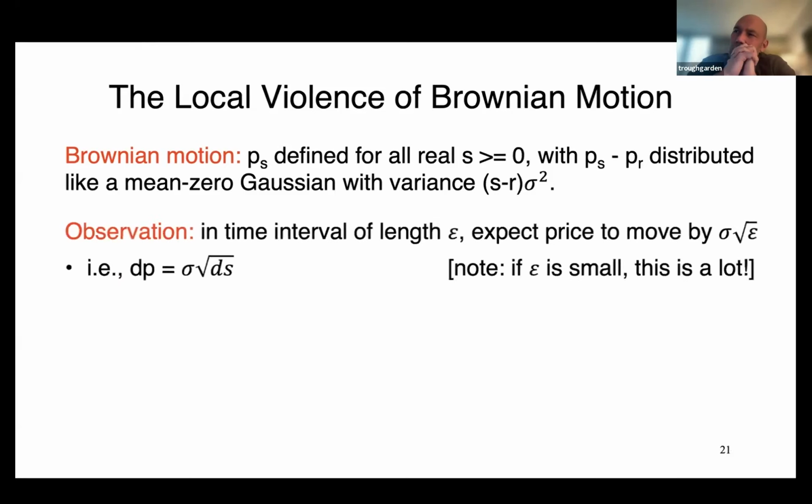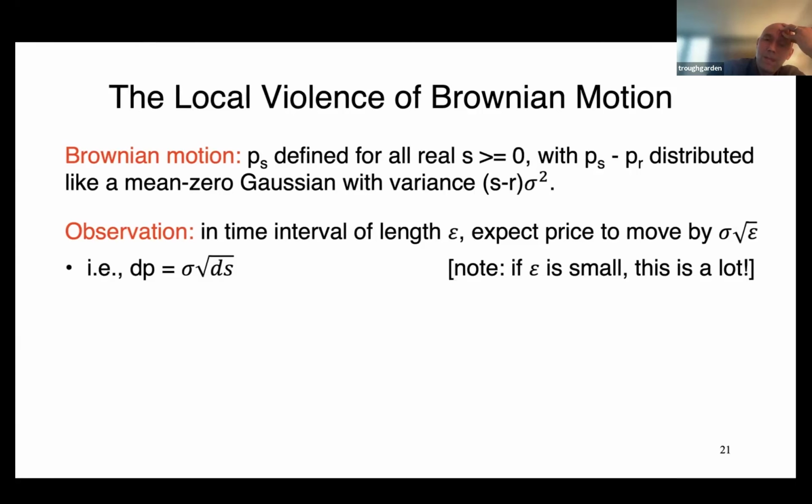The variance is the length of the time interval s minus r times sigma squared. If s and r are far apart, that seems totally intuitive. But think about when s and r are really close to each other. Think about a time interval with a really tiny length, epsilon.